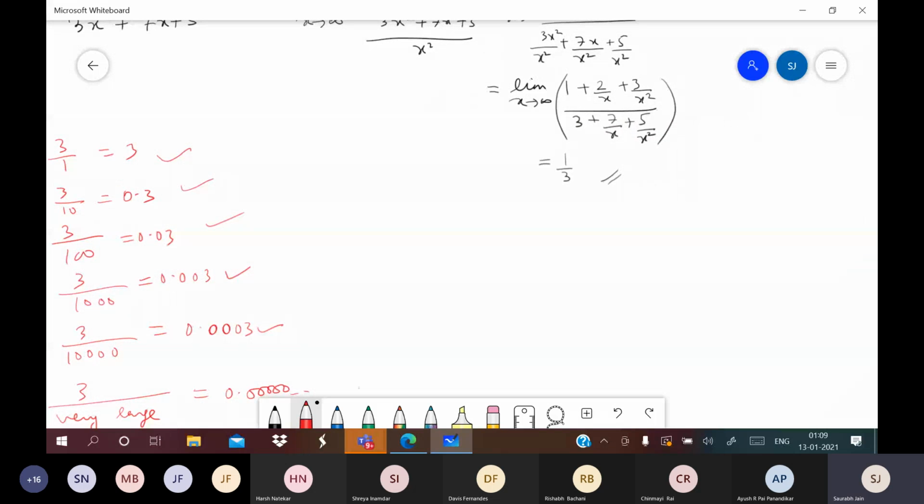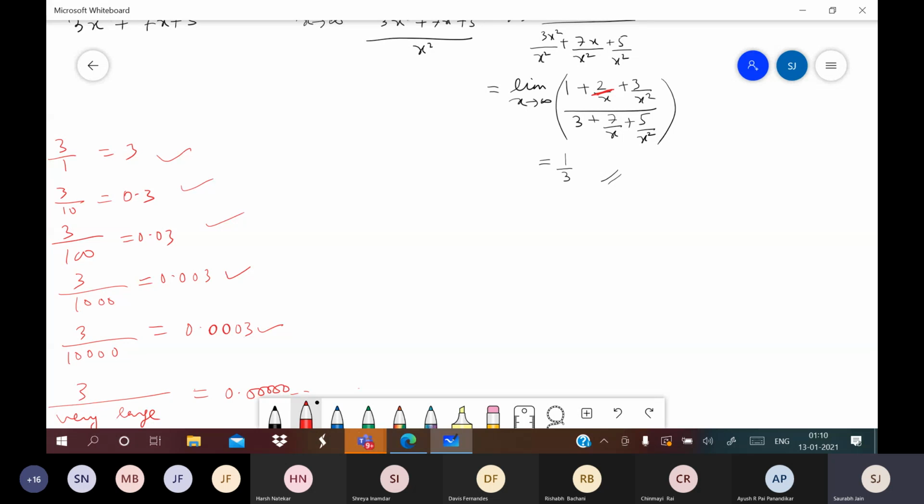So that is what we are discussing here. When x is tending to infinity, this 2 upon infinity will be a very small number. It will be a negligible number. It will be almost 0. Almost 0, not exactly 0. That is why it is the value of the limit. We never say the value of the function is equal to 1 by 3. We say that the value of the limit is 1 by 3. What is the meaning? The meaning is when x is tending to infinity, this whole expression is tending towards 1 by 3.